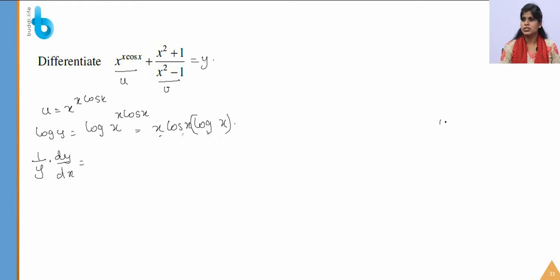So (u v w)' — u is a function, v is a function, w is a function. How would you differentiate? You differentiate one function at a time and sum them up. You differentiate u and write the remaining as it is. Next you differentiate v and write the remaining as it is. Next you differentiate w and write the remaining as it is.